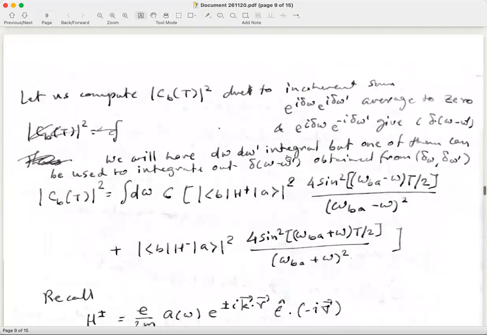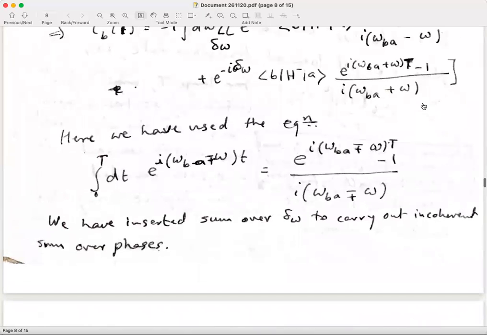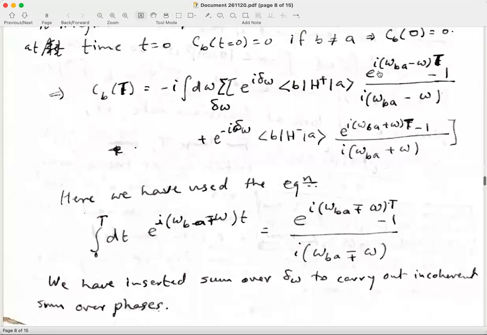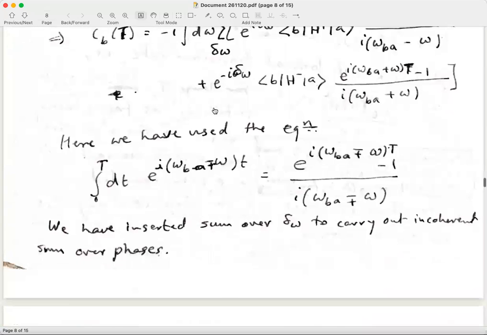Okay, good. So all you have to do is look at this expression and take mod squares, and you can write down this quantity by pulling out e to the i (omega ba minus omega) t by 2 outside, and then you get this quantity minus e to the minus i quantity, which can be written as a sine function. The e to the i (omega ba minus omega) t by 2 factor sitting outside would go away, because when you take mod squared, those factors would drop out.